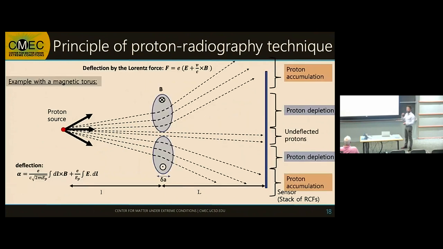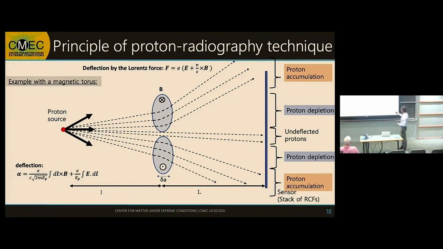But when this proton beam propagates into a magnetized plasma, the magnetic field will deflect the protons, and at the plane of the detector we basically have some accumulation of protons, some regions where we don't have any protons, and some regions where the protons are undeflected. So we have a fluctuation of the fluence of protons, and by looking at this fluctuation, you can try to retrieve the magnetic field distribution inside the plasma.